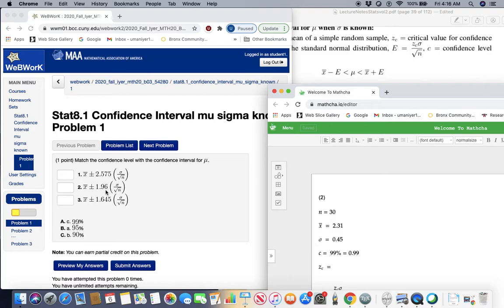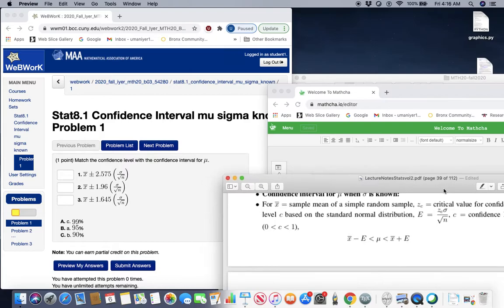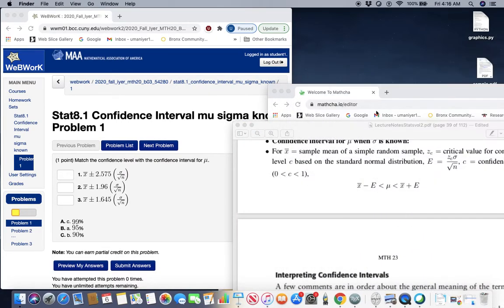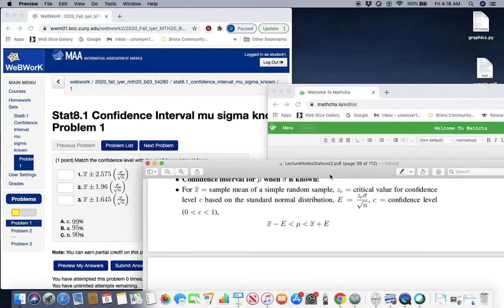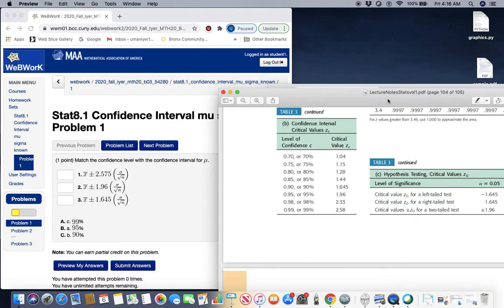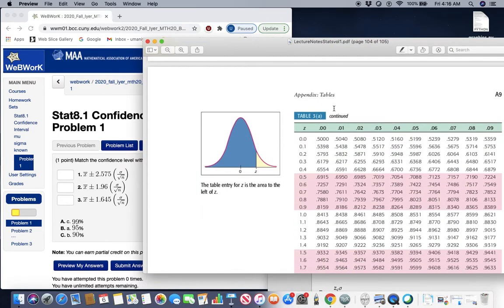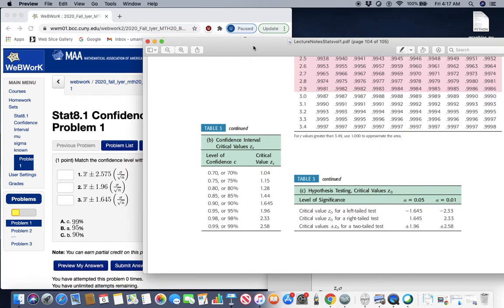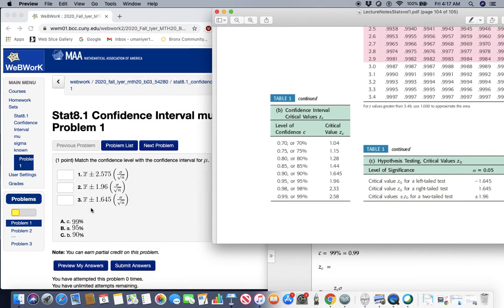This is z sub c, this is z sub c, this is z sub c. You want to match these with the confidence levels. So we look at our table. Okay, so this is the table and here are the confidence levels.